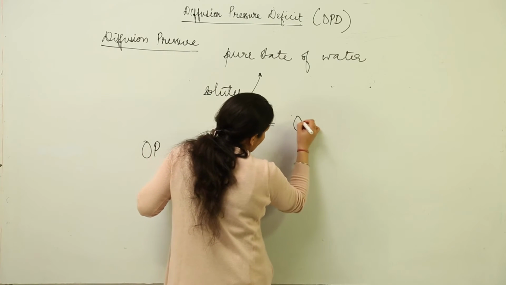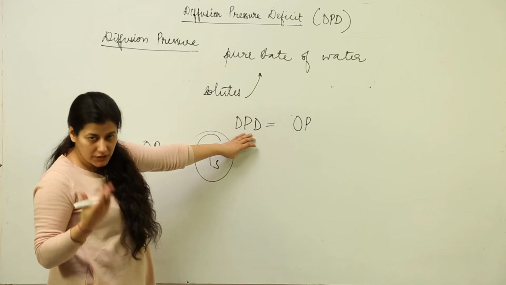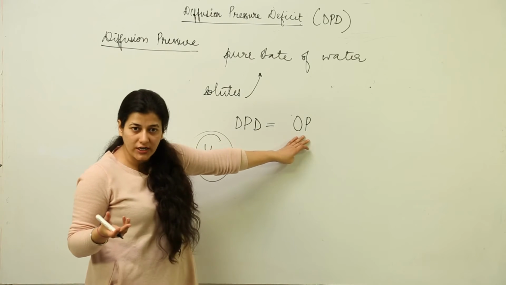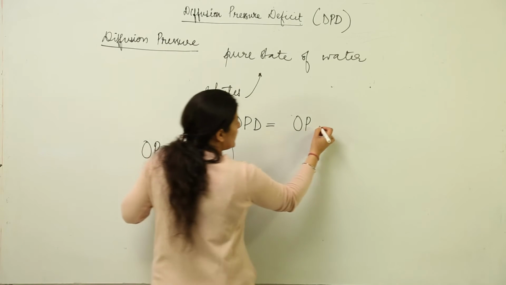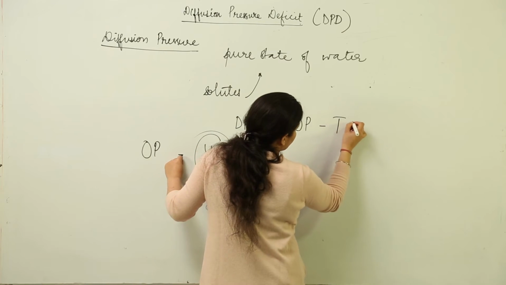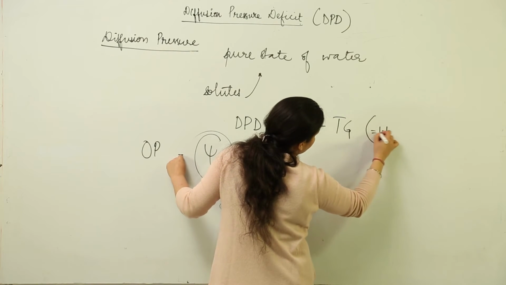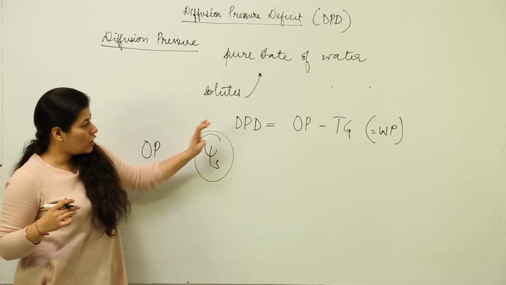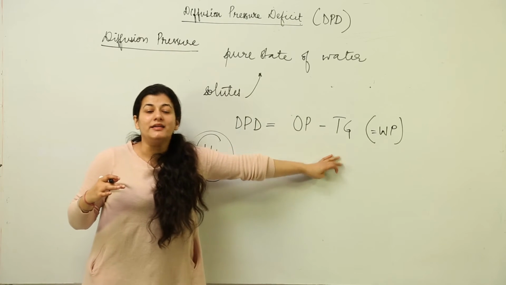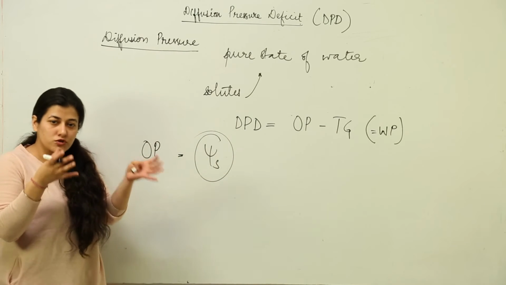So the diffusion pressure deficit would be equivalent to osmotic pressure, and because we are considering a cell, we will have turgor pressure that would be subtracted from it, and it is equivalent to wall pressure, you know that very well. So DPD would be the osmotic pressure minus the turgor pressure that would be generated in the given cell, which would be acting as an osmotic system.